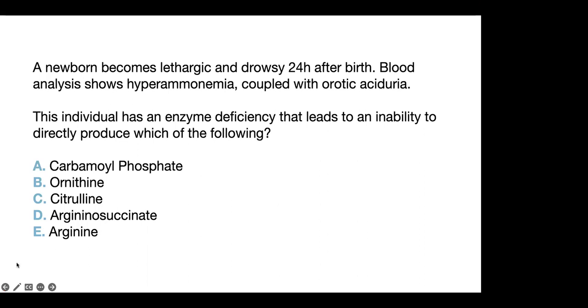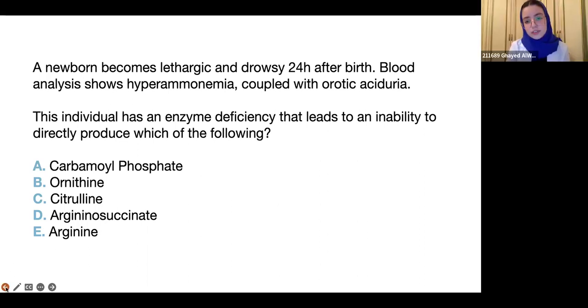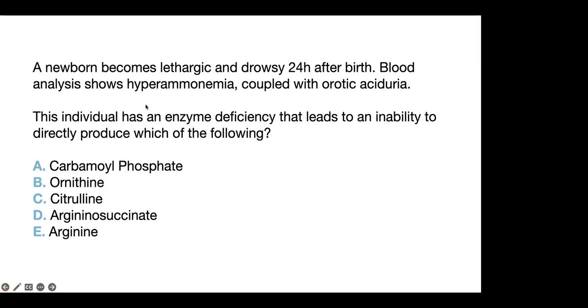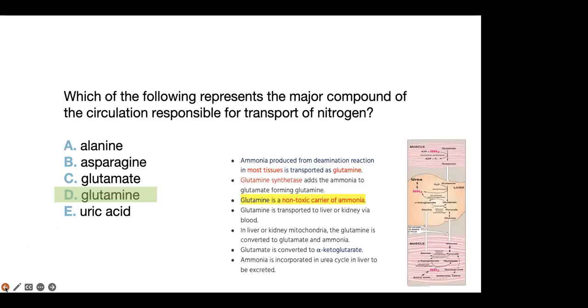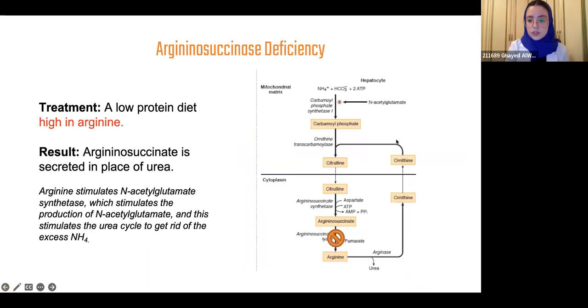I need a sec, wait. No worries. I can mention it again, it's fine. It's the last reaction. Go back, wait, it's this one. So here, we said carbamoyl phosphate with ornithine gives us citrulline, right? And the enzyme is ornithine transcarbamylase.